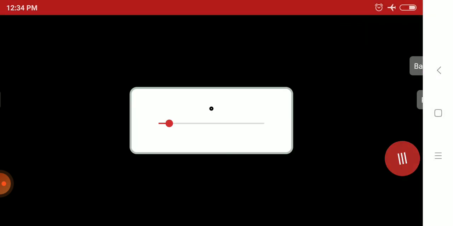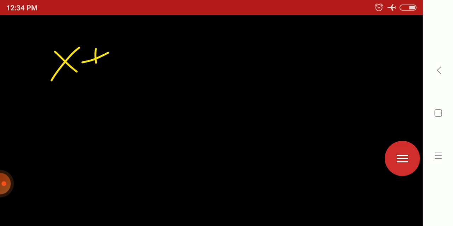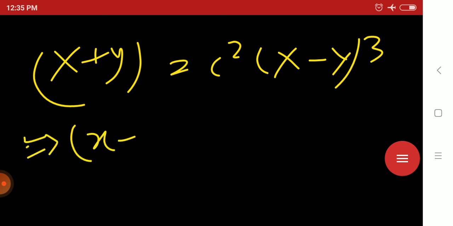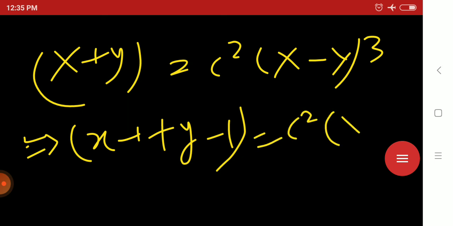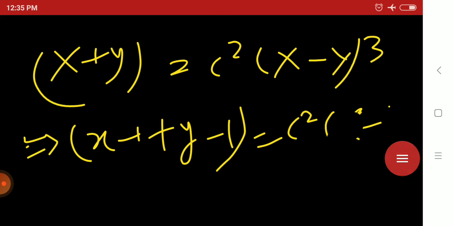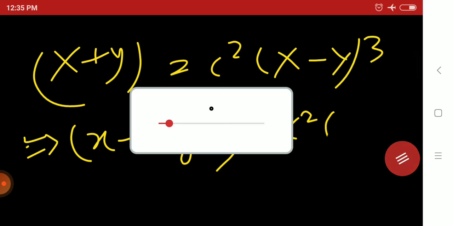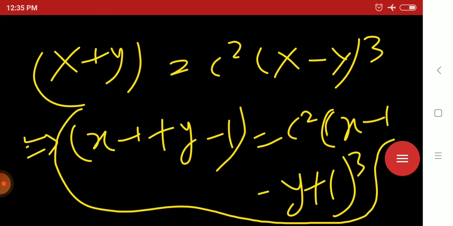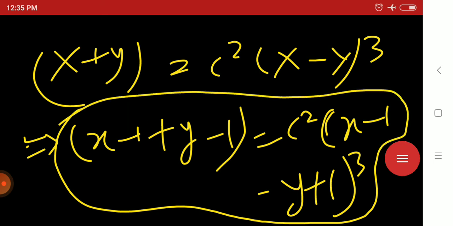So if capital X plus capital Y equals c square into capital X minus capital Y whole cube, then x minus 1 plus y minus 1 equals c square into x minus 1 minus y plus 1 whole cube. So this is the solution. This is the equation reducible to homogeneous. Now how can it be written as homogeneous?